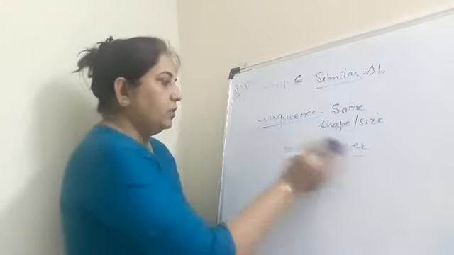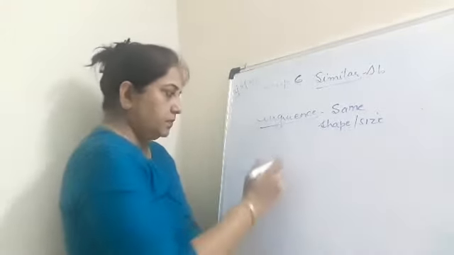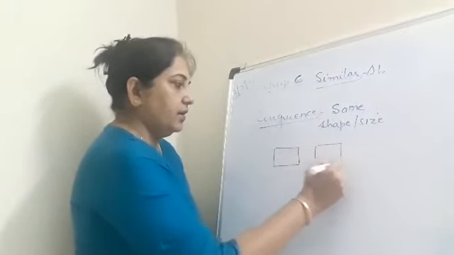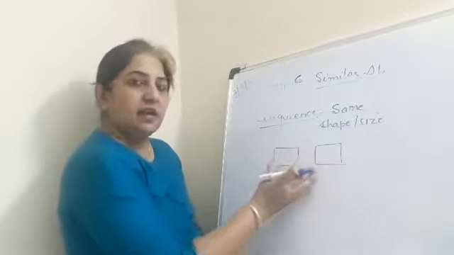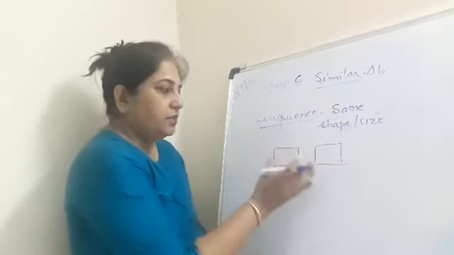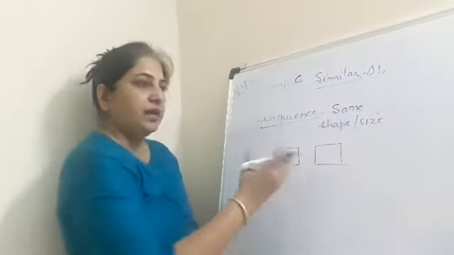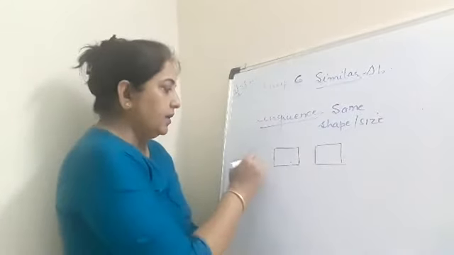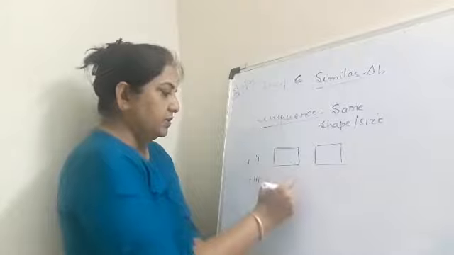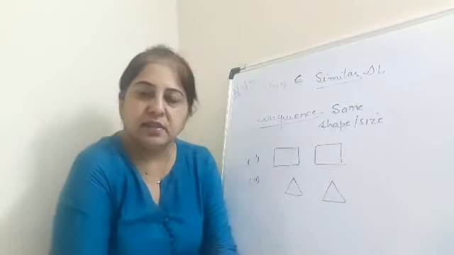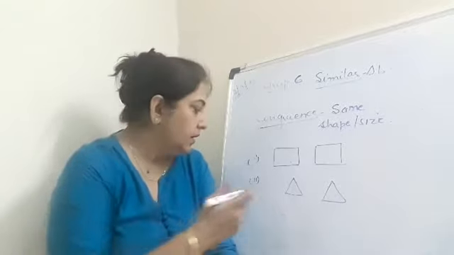So when we talk about congruent figures, if this is a square and this is a square, these are congruent because they have the same size and the same shape, and one superimposed on the other will exactly cover. Similarly, we have congruent triangles. This concept, children, we have studied in class 7th and then in class 9th.